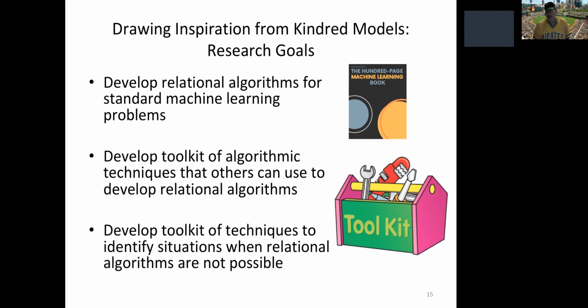And we'd like to also develop a toolkit of techniques that will allow us to prove that certain problems cannot be solved by relational algorithms. Okay, so we put these together. We hope to be able to develop some understanding of which problems admit relational algorithms and which problems don't.